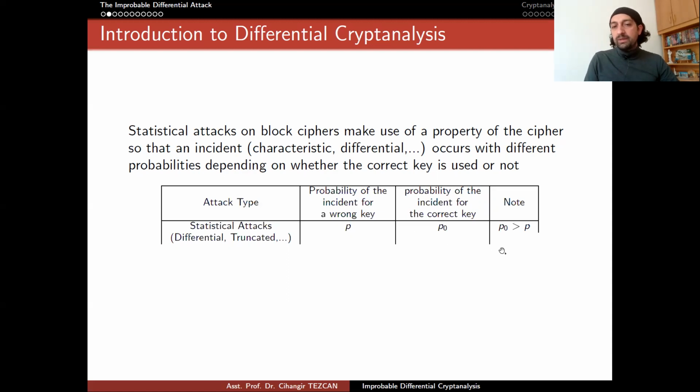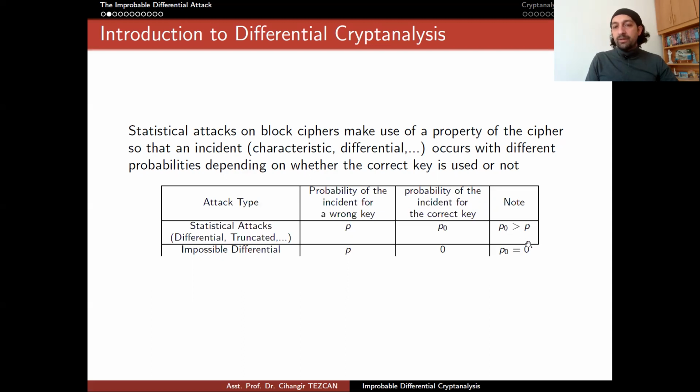We know that p0 is higher than p in differential or truncated differential cryptanalysis. Generally, this is the case for statistical attacks, but with the introduction of impossible differentials, something different happens. We obtain a distinguisher, but this time it occurs with some probability p for a random permutation, but it never occurs for that cipher. So it has probability 0. So we know that p0 is 0 this time.